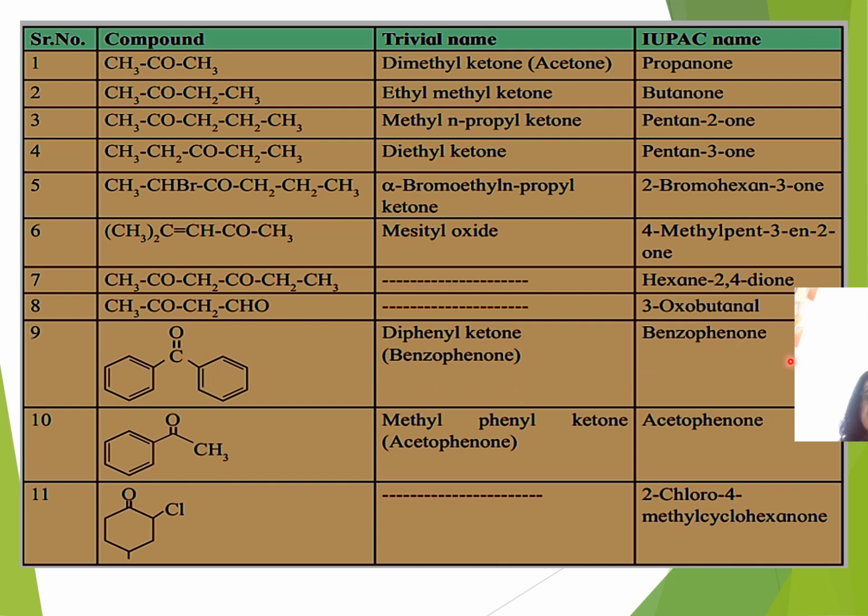Benzophenone is the IUPAC name. Then benzene with COCH3 is methyl phenyl ketone, or acetophenone. Then here is cyclohexane with a double bond O, Cl and CH3. So 1, 2, 3, 4: 2-chloro-4-methylcyclohexanone. Okay.